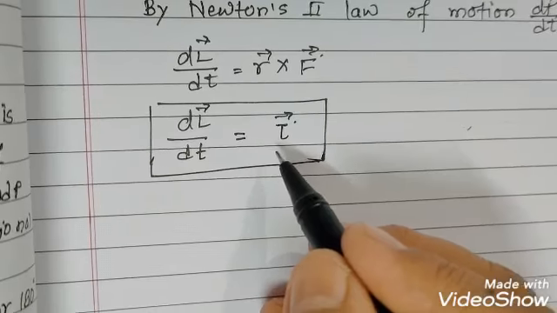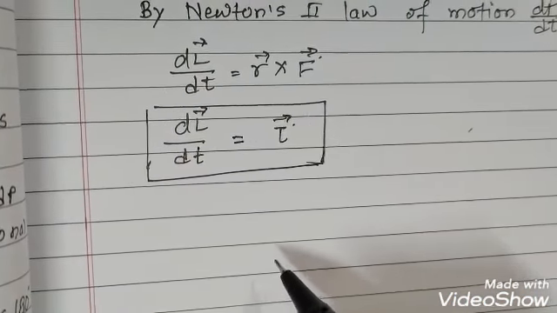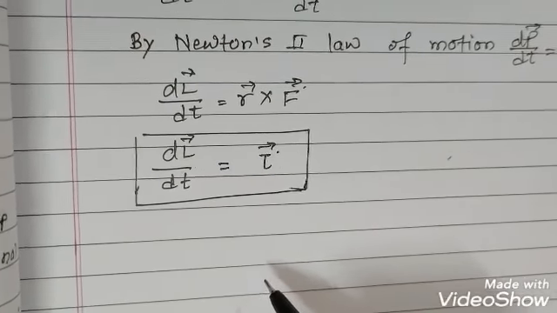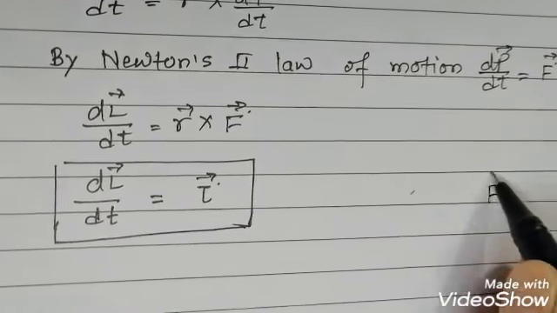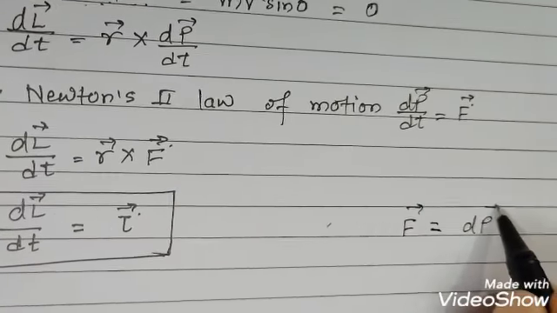Thus the time rate of change of angular momentum of a particle is equal to the torque acting on it, and this is the rotational analog of the equation F equal to dp upon dt.